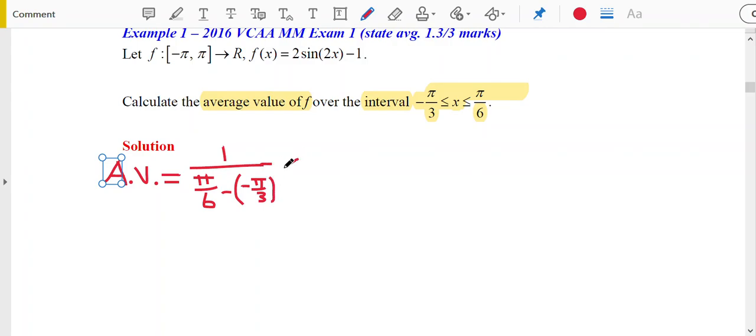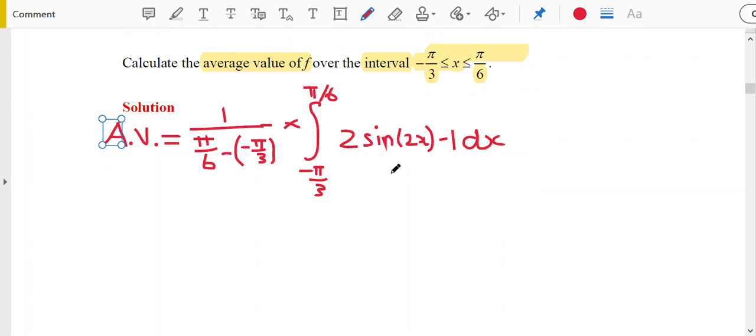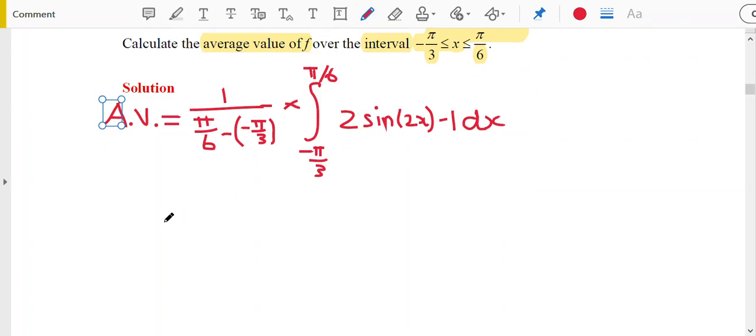And that's all multiplied by a definite integral from minus pi over 3 all the way up to pi over 6 of f of x, so 2 sine 2x take away 1 dx. So that's the expression we would use to calculate the average value. Because it's technology free, we have to work all of this out by hand. We can't go to our calculator to do any of the arithmetic for us.